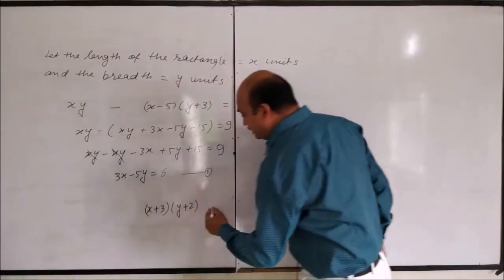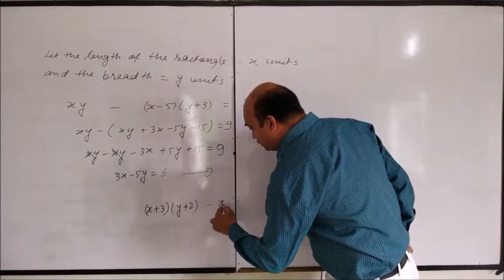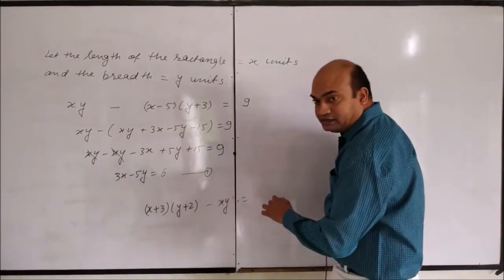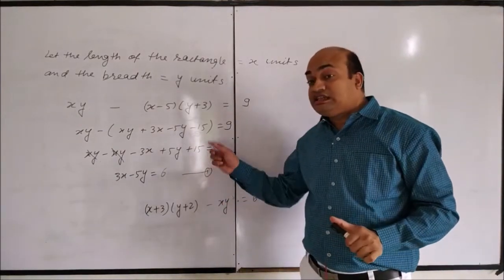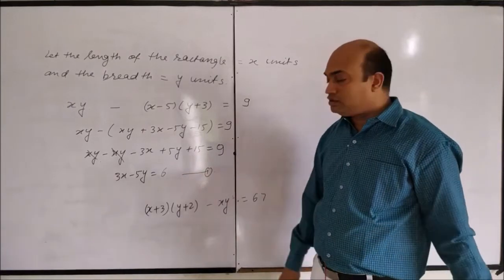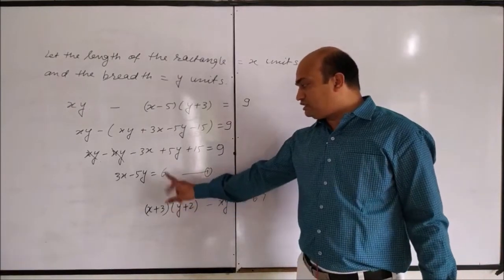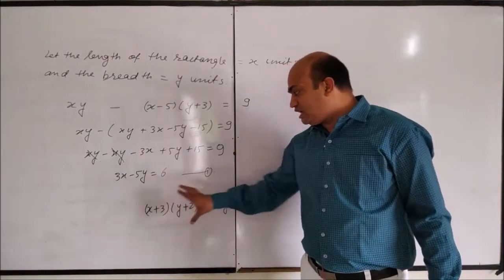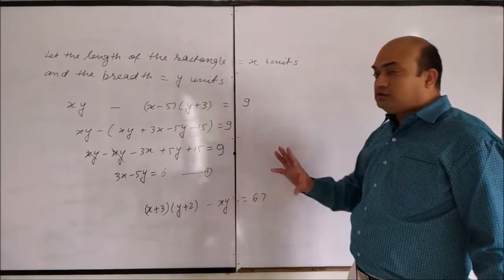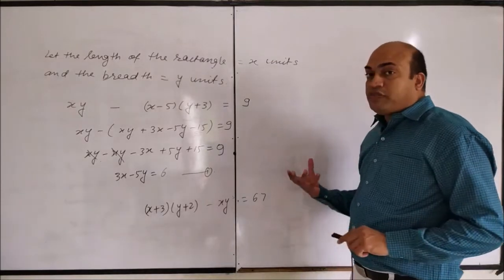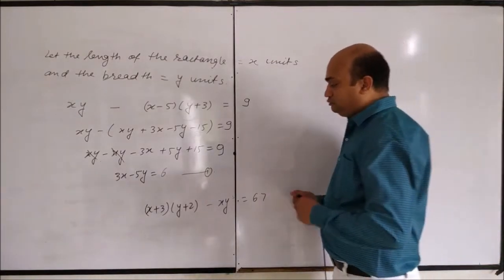From this increased area, if we subtract the original area, we will get 67, because now area increased by 67 square units. So area increased means from the increased area, the given area we subtract to get by what amount area increased.